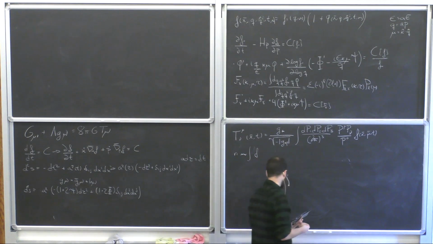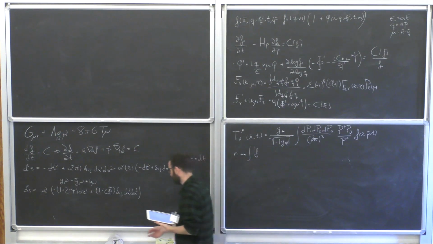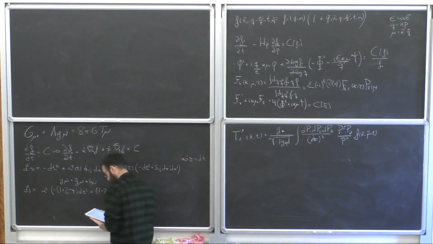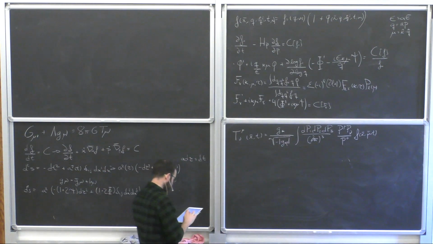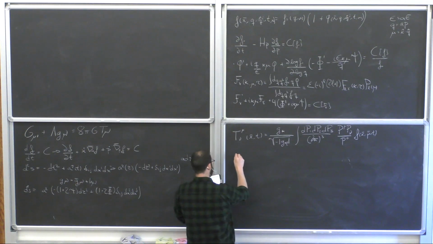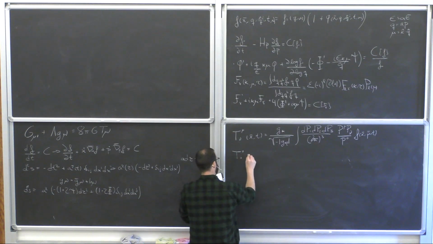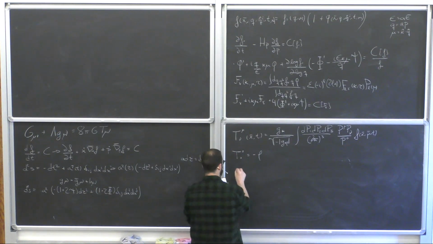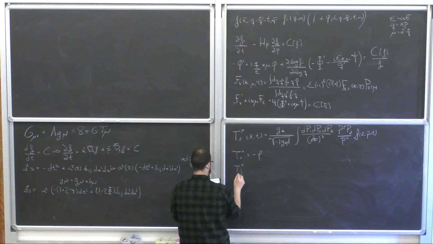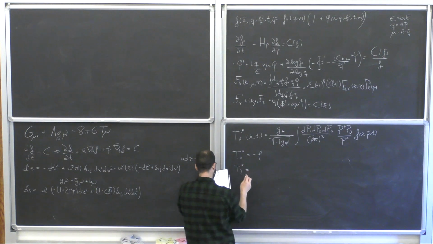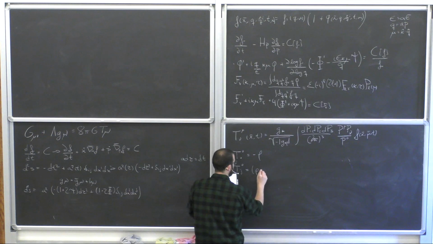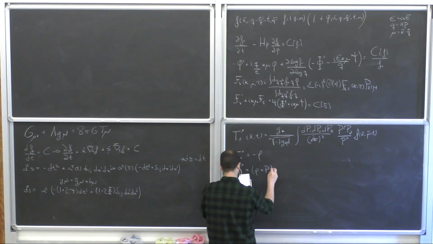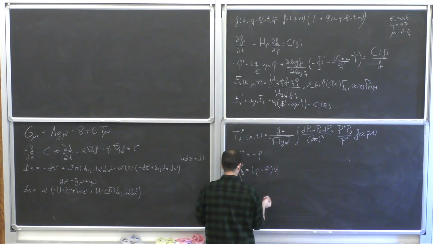So what are the components of this energy momentum tensor? Okay, so the 0,0 component is going to be minus the energy density. The space-time components are the energy density plus pressure times the bulk velocity of the fluid.